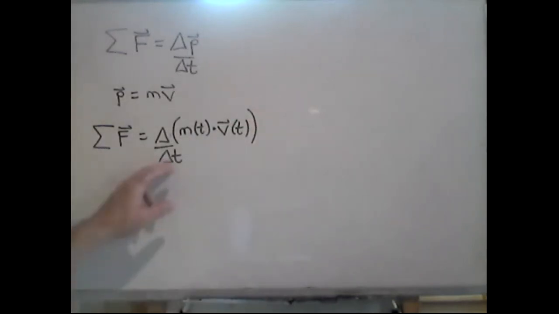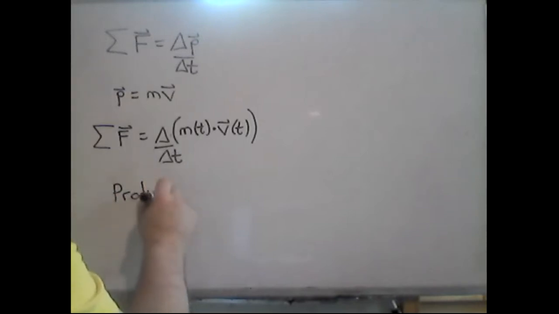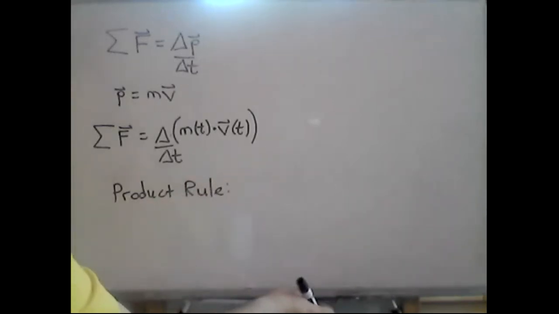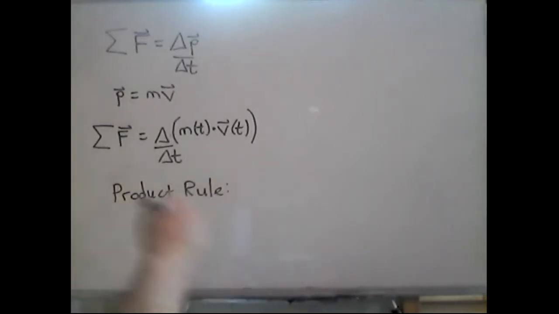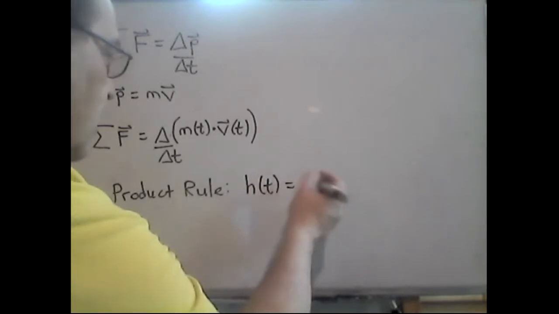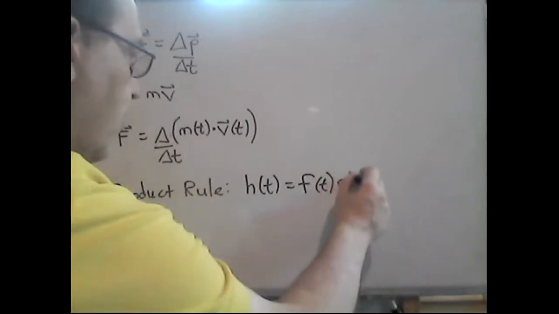Now, what you're trying to do is take a time rate of change of a product, two functions multiplied together. In calculus, you have what is called a product rule. Let's say h of t is equal to a product of two other functions, f of t times g of t.